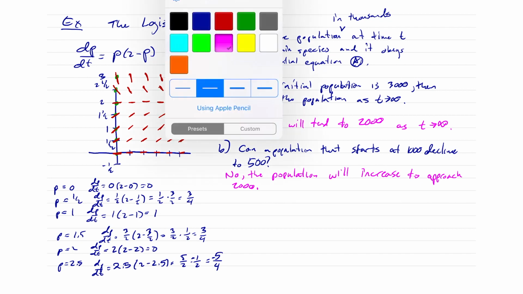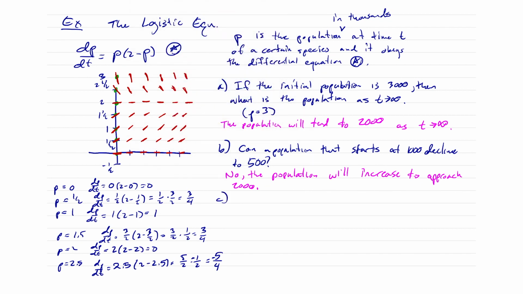Okay, so let's take a look at the third question they have in the book. Can the population of 1,000 ever increase to 3,000? Can a population of 1,000 increase to 3,000?